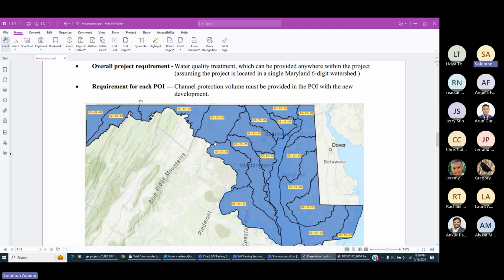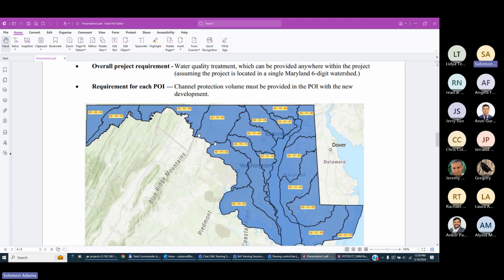But for POI requirements, that means for channel protection, for PE more than 1 inch, if my project is here and the POI is somewhere here, I have to provide it there, because channel protection means protecting the channels. I cannot do it here because the channel is here.